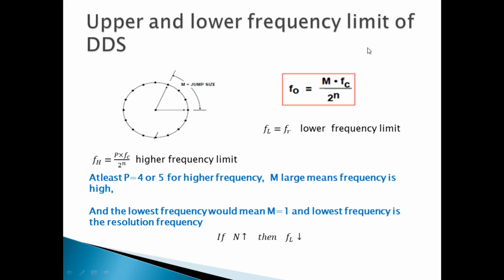This equation still holds good, and we have understood that the frequency that I desire, F naught, follows a relation with the clock frequency, inversely proportional to the size of the phase accumulator, and these are the jumps, the jump size, and you can also say the number of samples that you would take to achieve your output frequency.